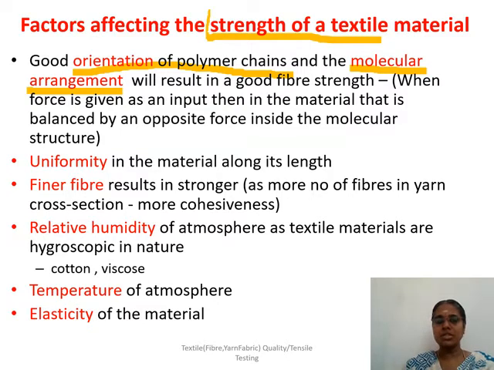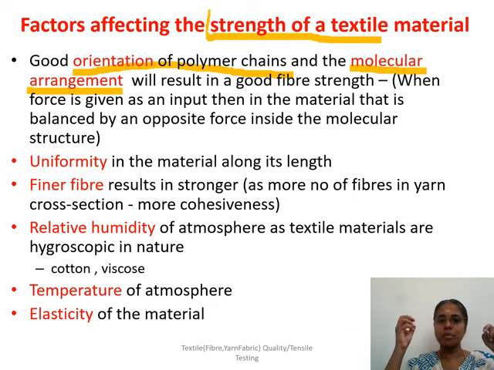So the polymer arrangement inside the fibers. You all know the fiber inside has many polymer chains. Molecules are arranged in a linear fashion, which forms the polymer, and the number of repeating units is called the degree of polymerization.